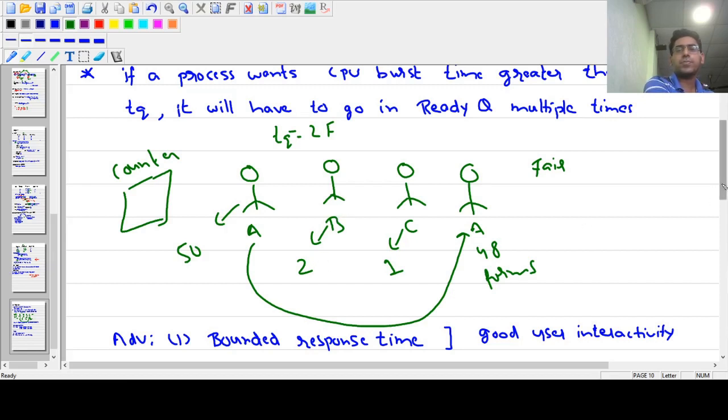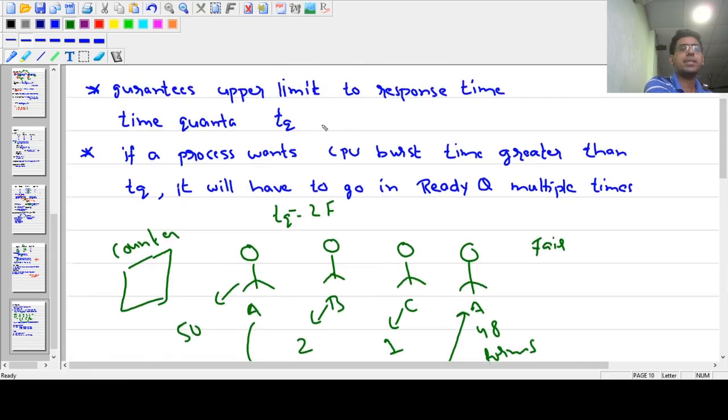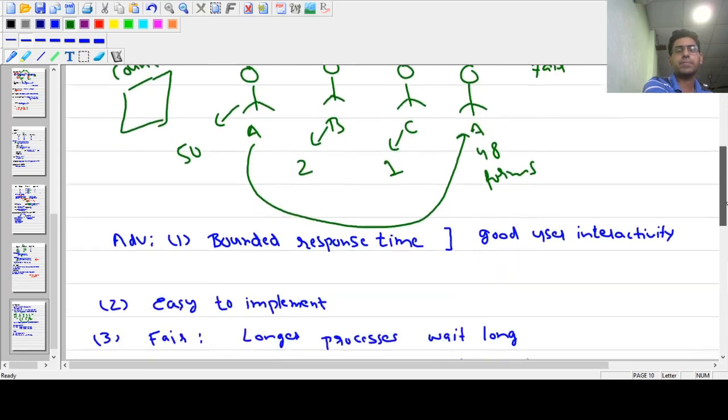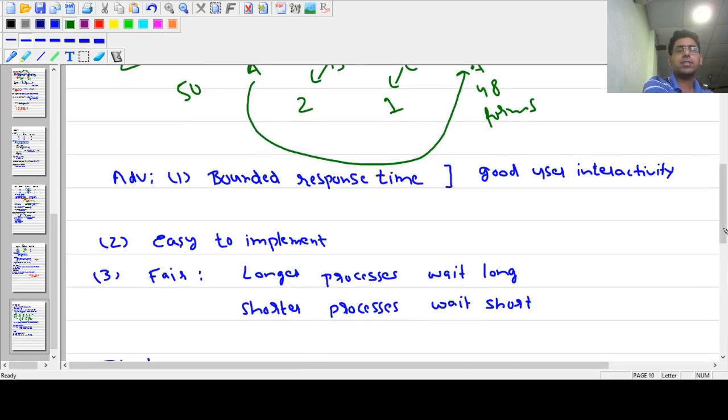So it guarantees an upper limit to response time. And if a process wants CPU burst time greater than TQ, it will have to go in the ready queue multiple times. So another advantage is it has good user interactivity.